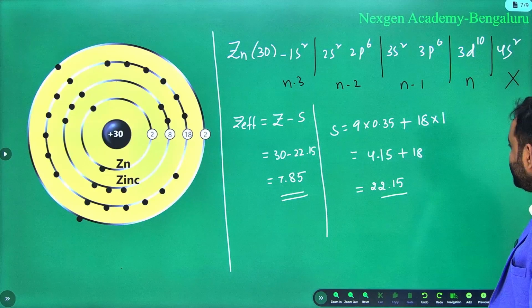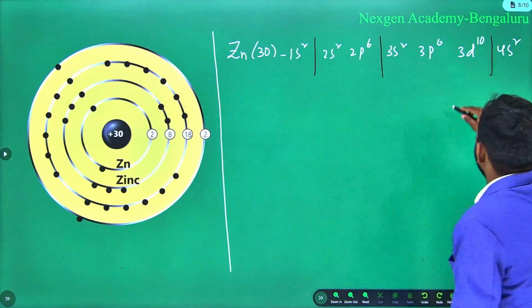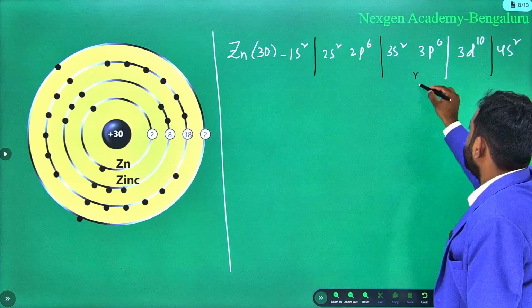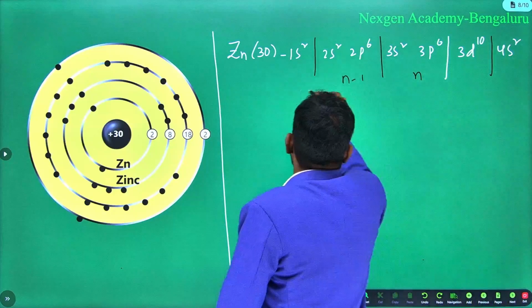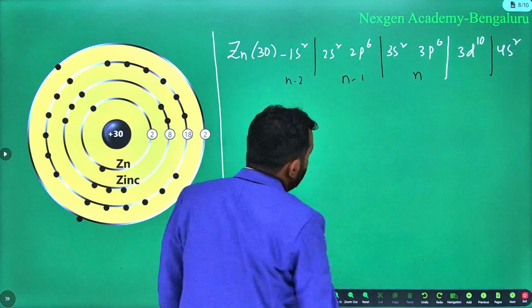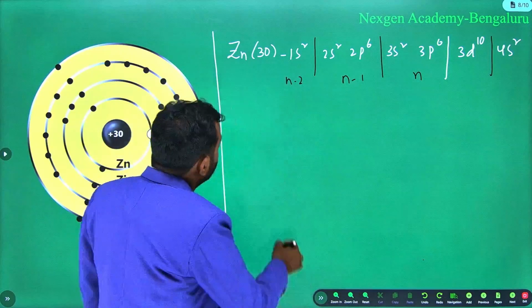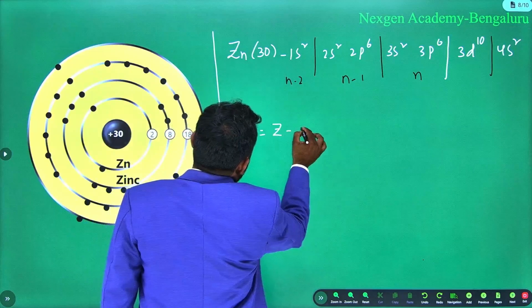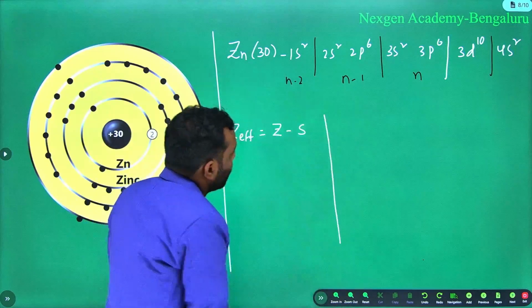Clear, right? I told you, regroup it. Now this is n, this is n minus 1, this is n minus 2. As you calculated, effective nuclear charge is equal to atomic number minus screening constant.